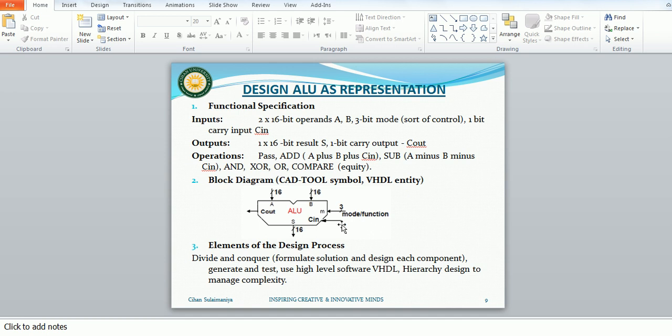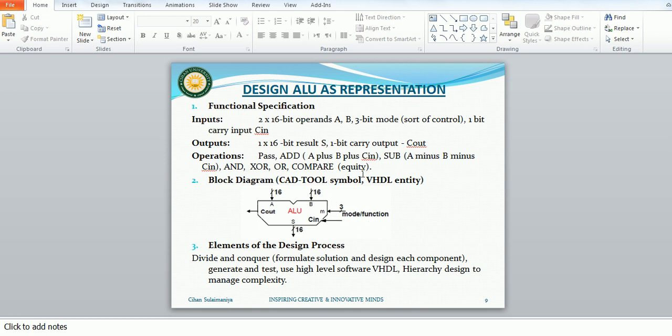So the inputs I have are A and B of hexadecimal, and I need 3 bits of mode function.